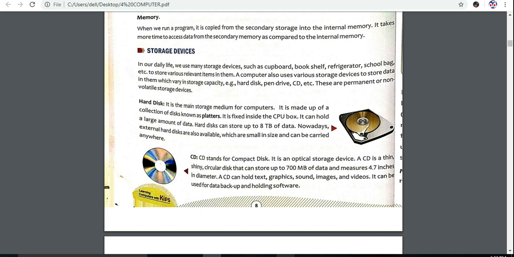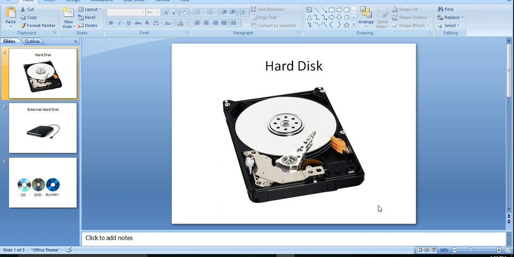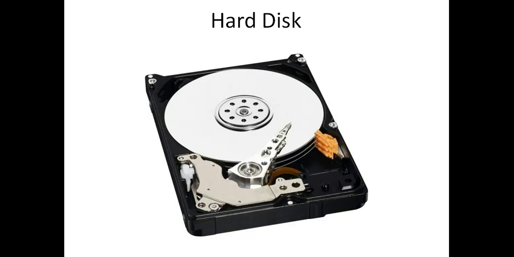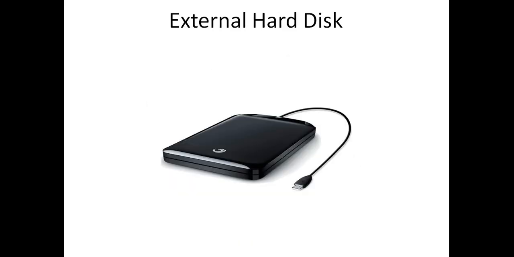Now we will see the diagram. This is our typical hard disk which is fixed inside our CPU, and next is the external hard disk. You can see this is a USB cable. Through this you can connect with your computer or laptop and start working.